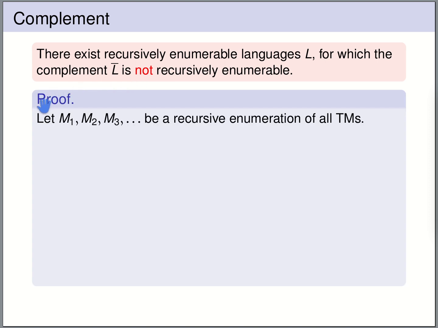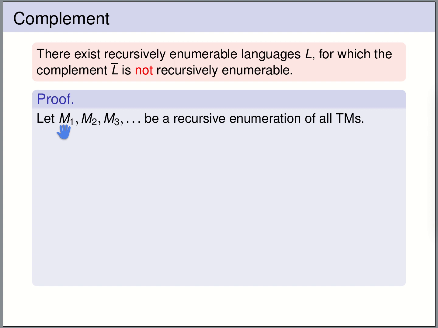So let's prove this. We have already discussed that the set of all Turing machines is recursively enumerable. So we have a recursive enumeration of all Turing machines. So let's say that our enumeration is M1, M2, M3, and so on. So we have a Turing machine that outputs M1, M2, M3, and so on after one another.